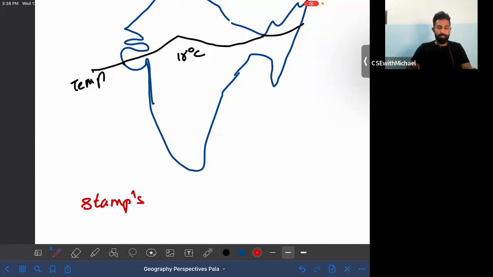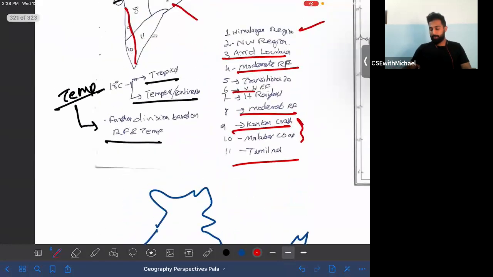The two major climatic regions are further divided into 11 regions, depending upon the amount of rainfall and temperature.